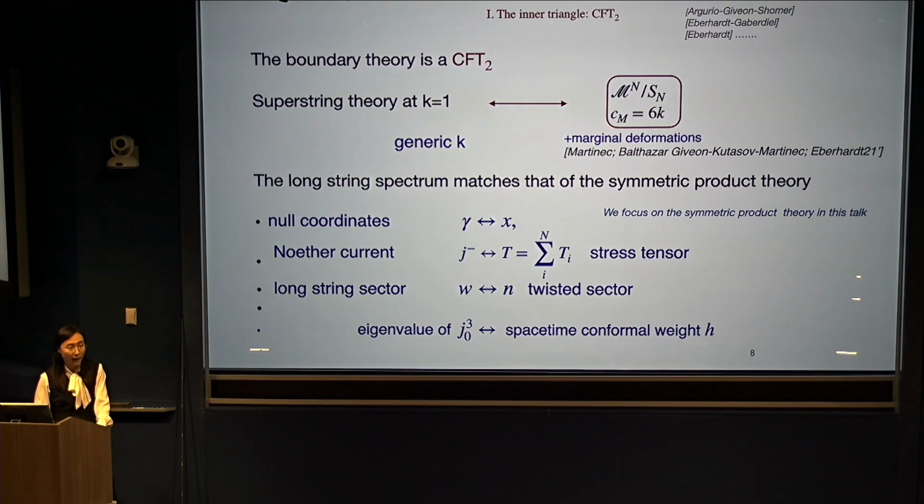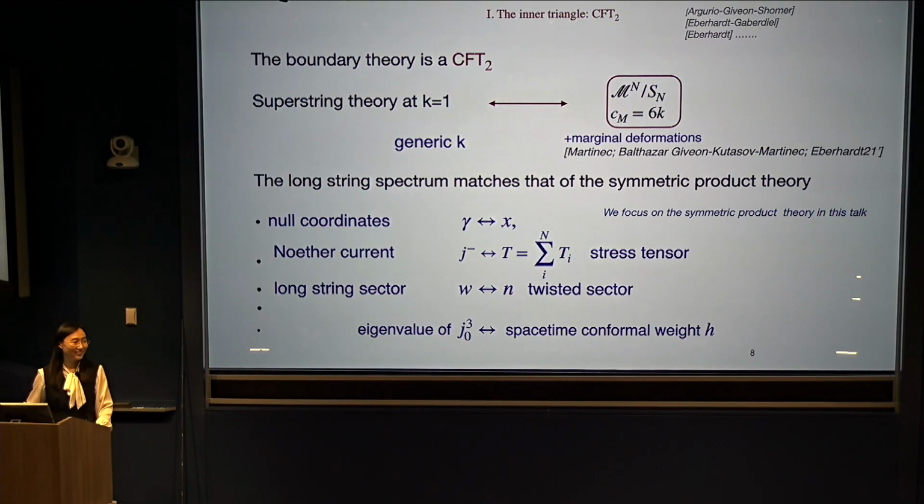I would expect there is a version of single trace TTbar after you turn on this marginal deformation, but I don't know how to do that. And we can probably discuss later. I have said single trace TTbar is defined to be the symmetric product orbifold of TTbar. So if you don't have an exact symmetric product structure, but maybe we should leave this.